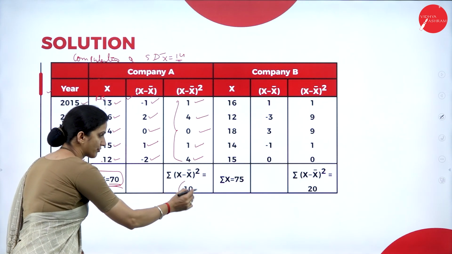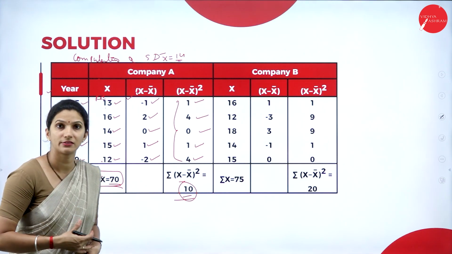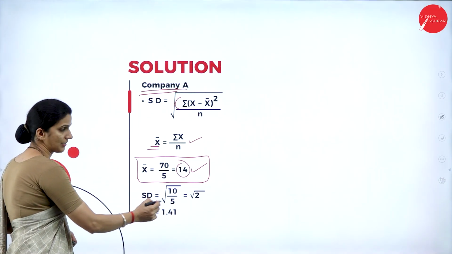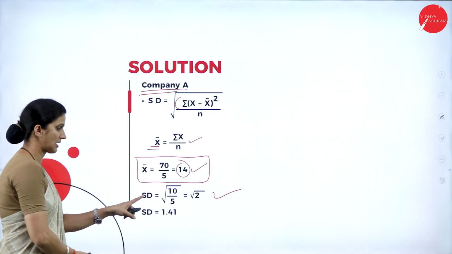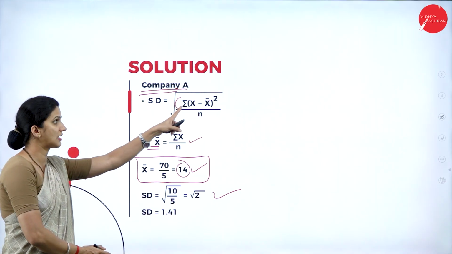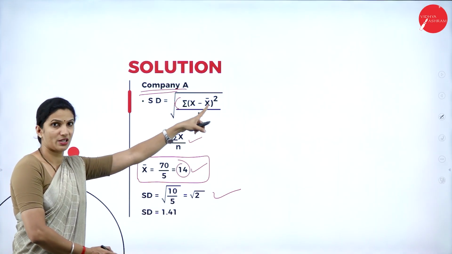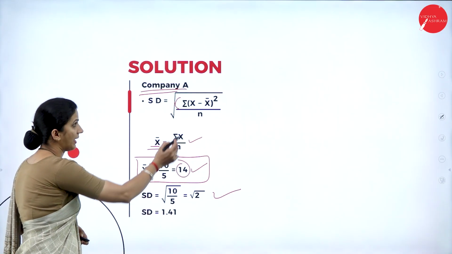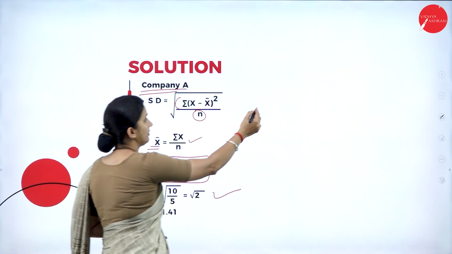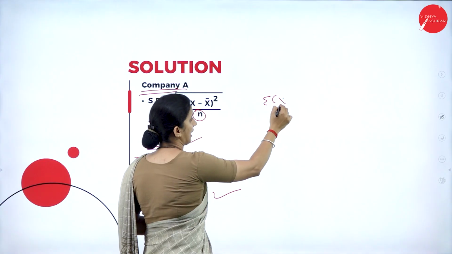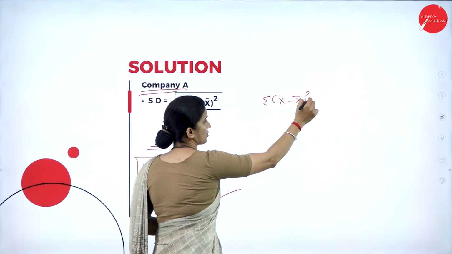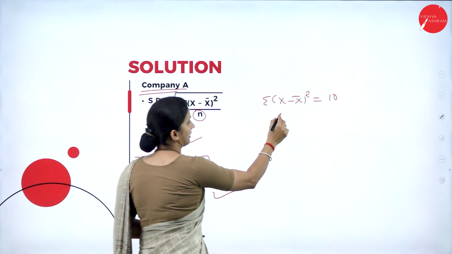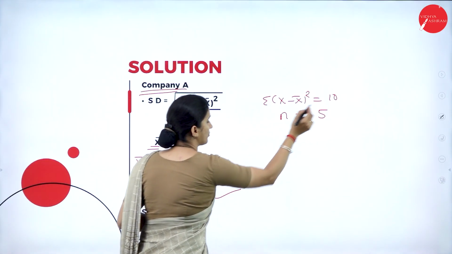So now we have got the value which is needed to apply in the standard deviation formula. So now we'll go for the standard deviation calculation. That is, standard deviation is equal to the square root of sigma X minus X bar square, which is 10, divided by N. Then we need N, number of years, it is 5.